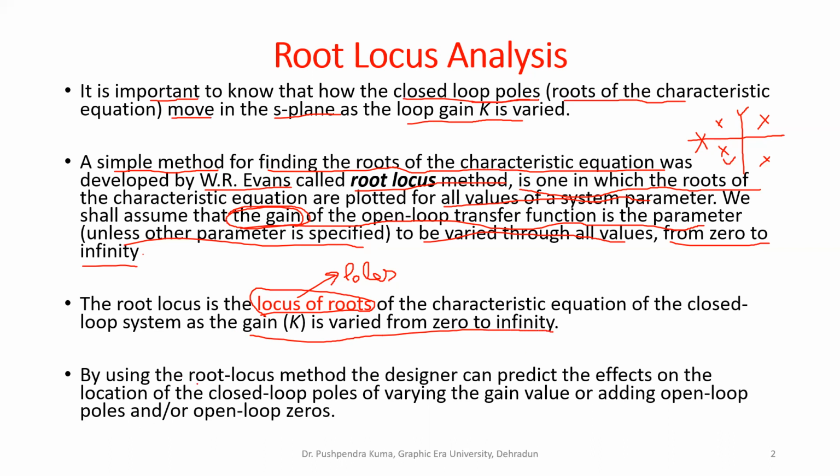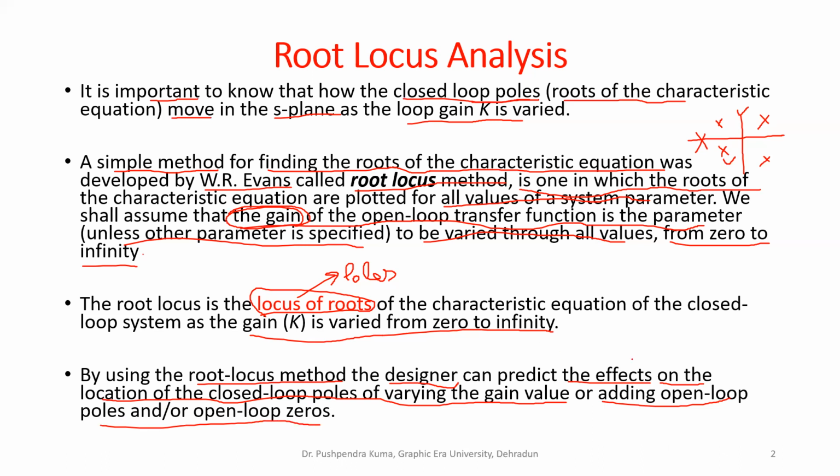By using the root locus method, the control designer can predict the effects on the location of closed loop poles of varying the gain value or adding open loop poles or open loop zeros. So why do we actually use root locus?